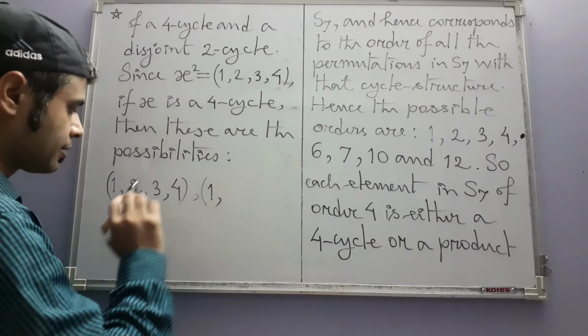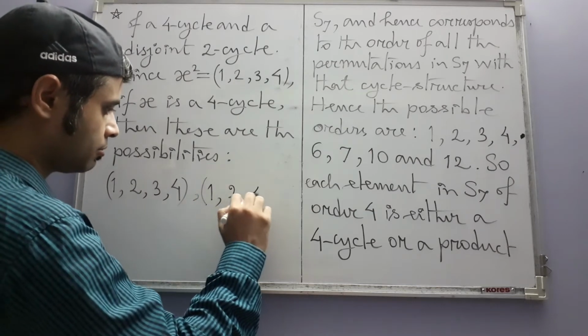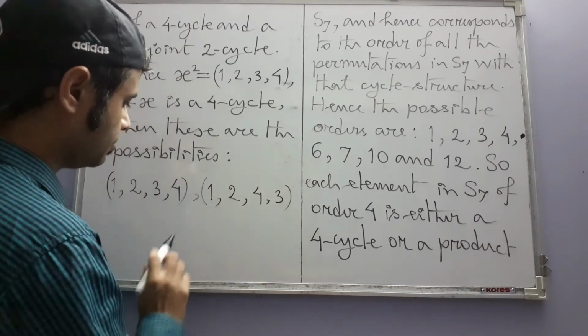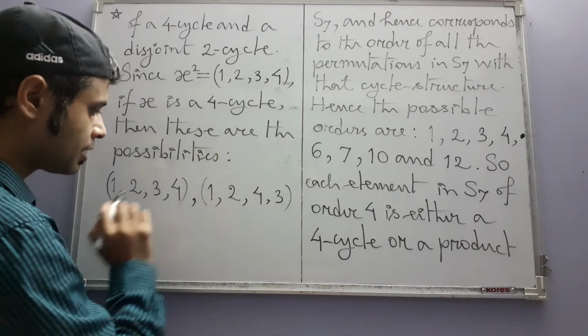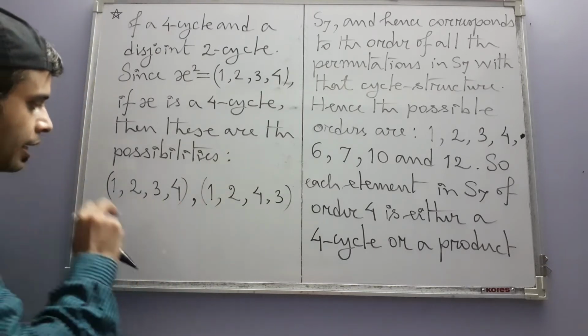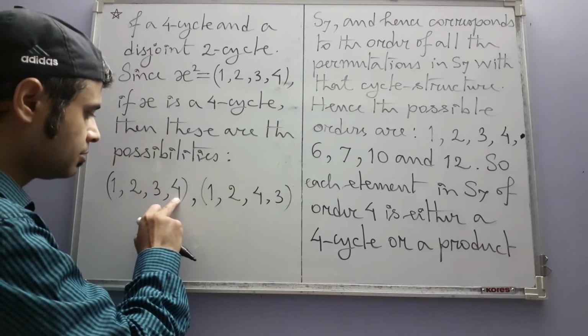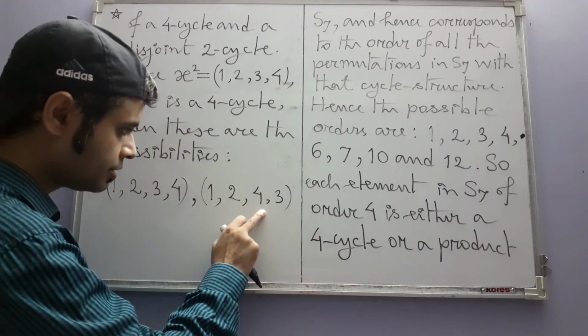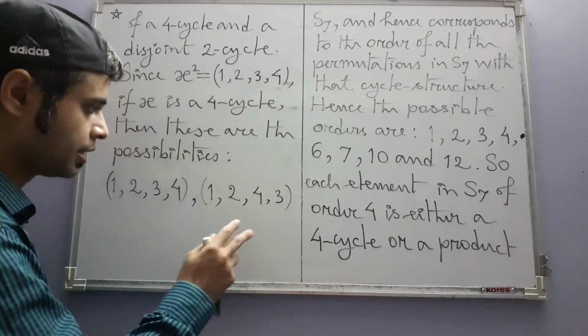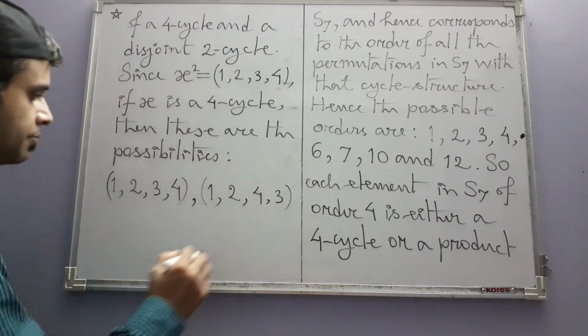So another one will be 1, 2, 4, 3. Why is it a different 4 cycle? Because under this cycle, the image of 3 is 4, but under this one, the image of 3 is 1. So they are different permutations.